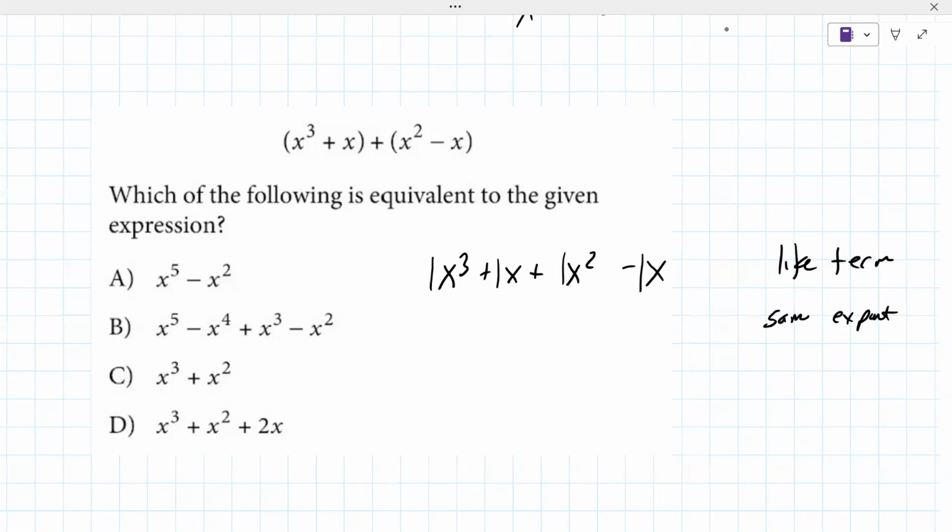Do any of these have the same exponent? Yes. Which ones? The x3 and x2? No, one is 3 and one is 2. Those are not the same. They're different exponents.